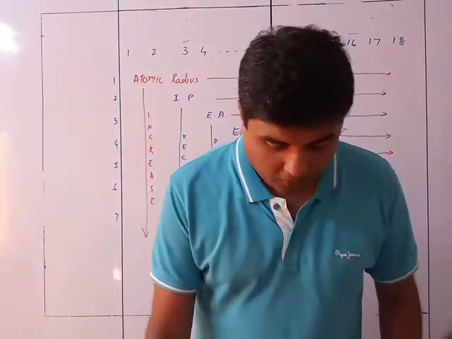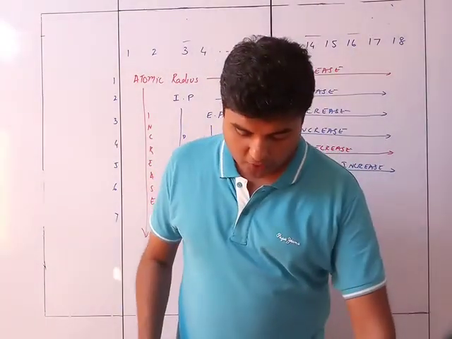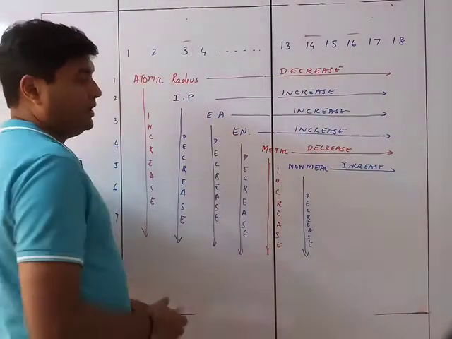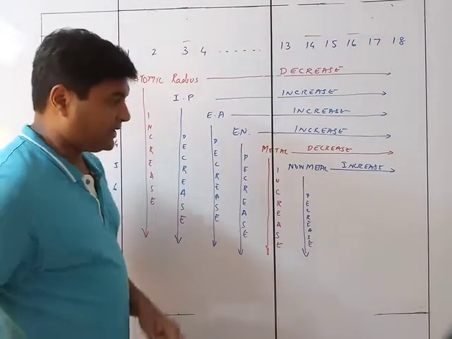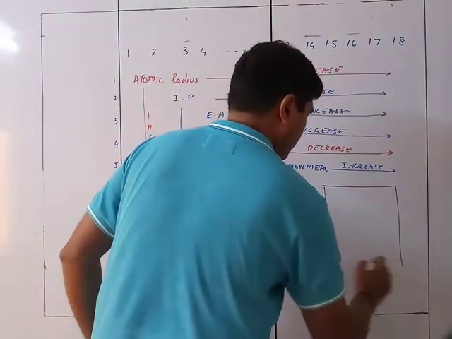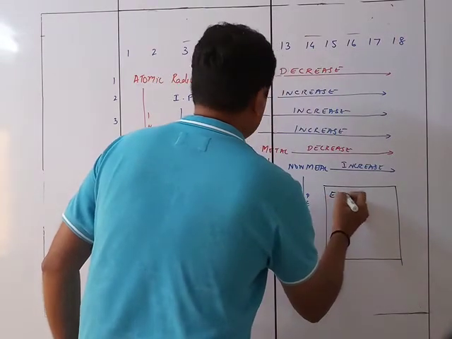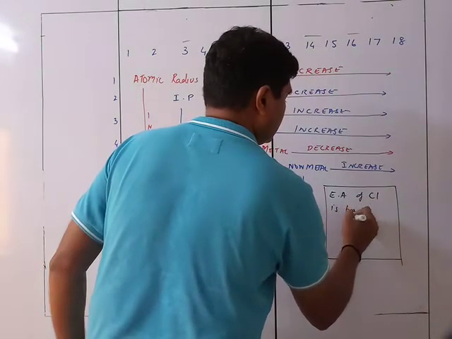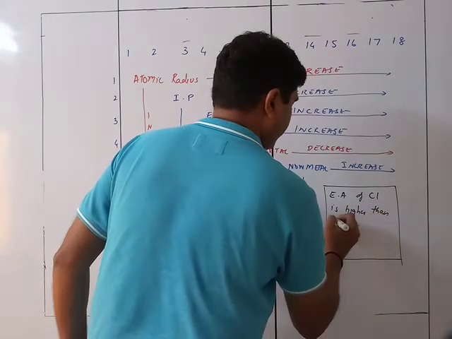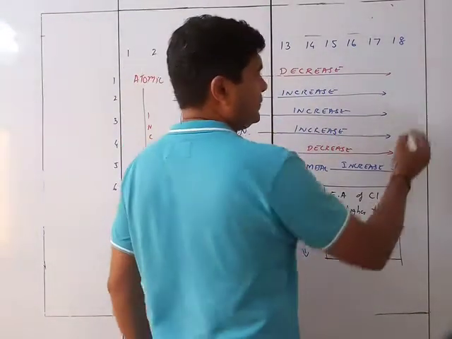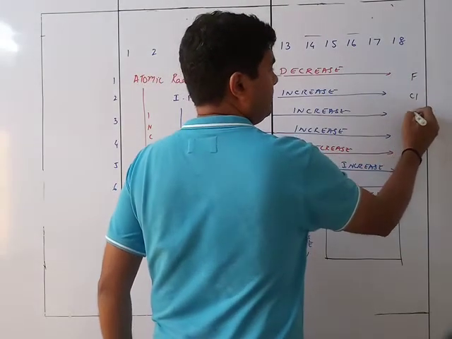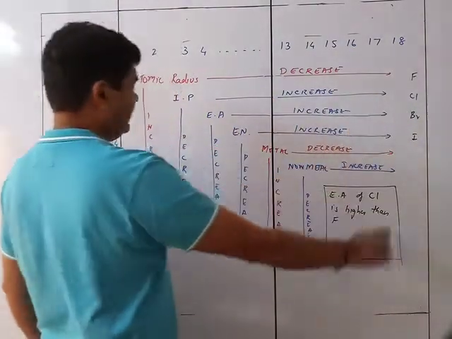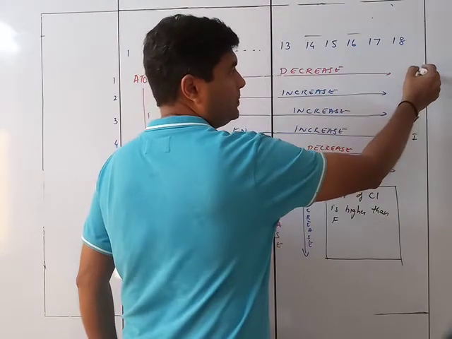Now I was just telling you about one particular exception we were talking about, and that exception is in the case of electron affinity. The electron affinity of Cl is higher than F. Normally what happens is, we know that it will be F, Cl, Br, so according to this, the electron affinity is going to decrease down the group. So F should be the highest, then Cl.